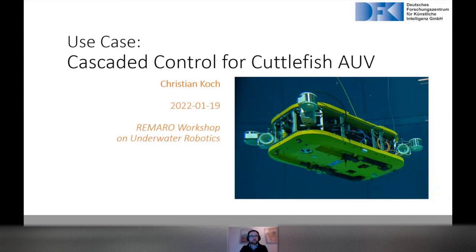Yeah, I want to present you a different use case, a different robot that we are developing, which is the AUV Cuttlefish. Here we are deploying a cascaded control scheme, which I'm going to present in not too much mathematical detail, but to give you an overview and a feeling of what else is going on.